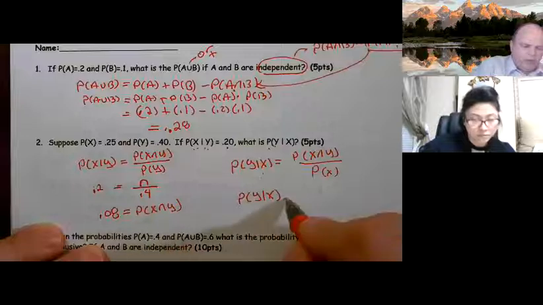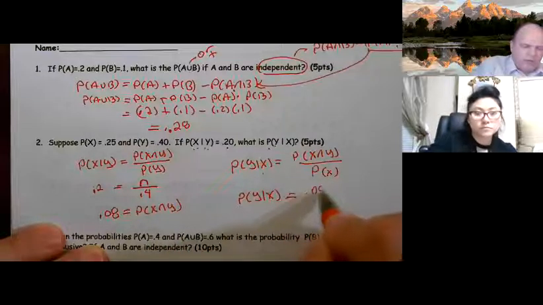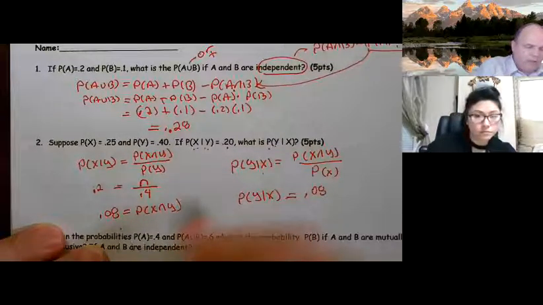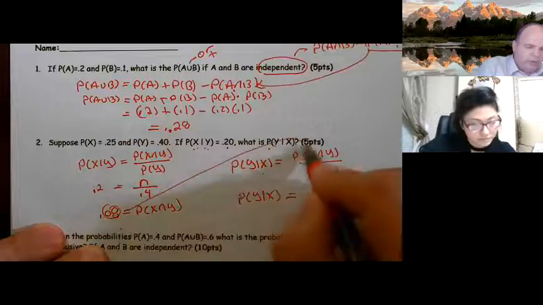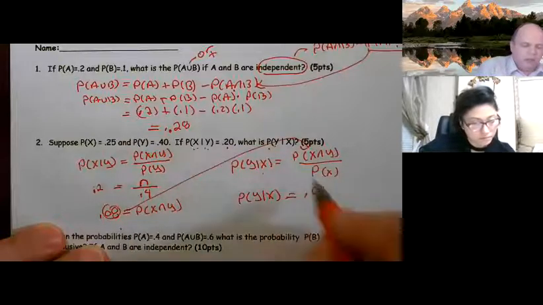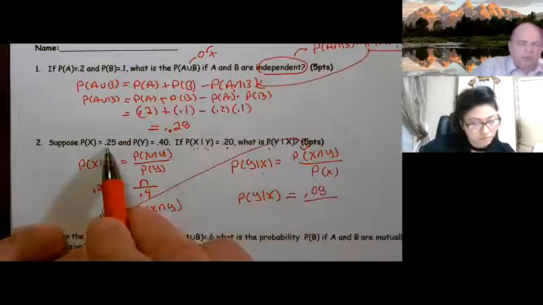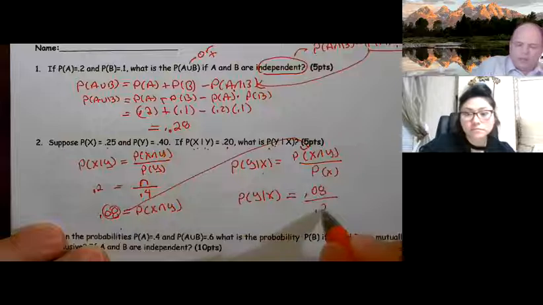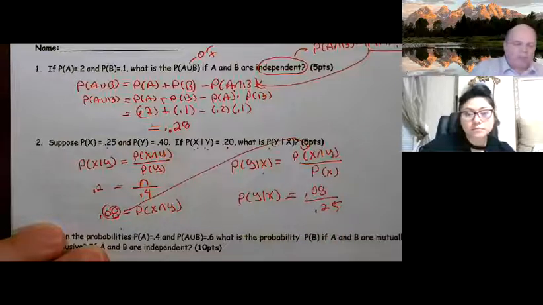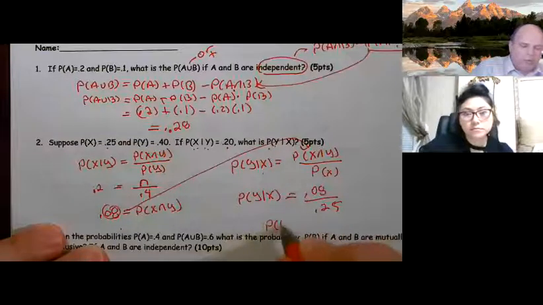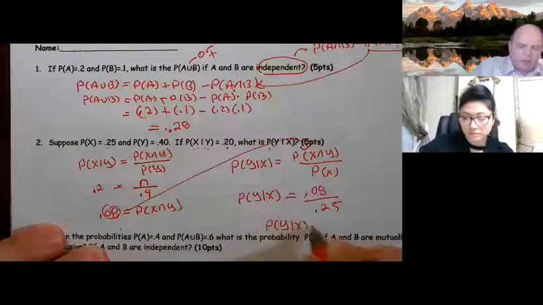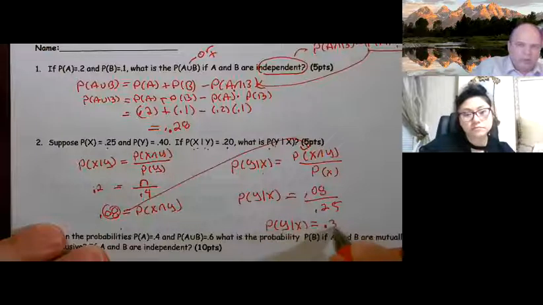I know my intersection is 0.08 because we just solved that. So this is getting plugged in right there. And they told me X is 0.25. And guess what? I've done my work. So now the probability of Y given X equals 0.32.